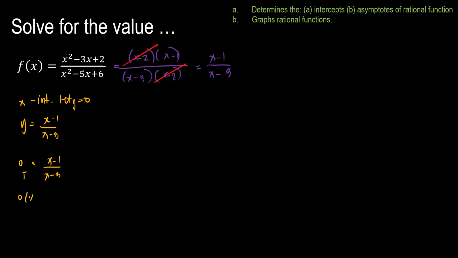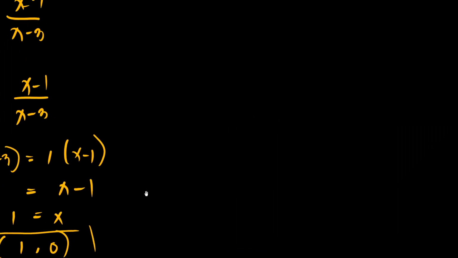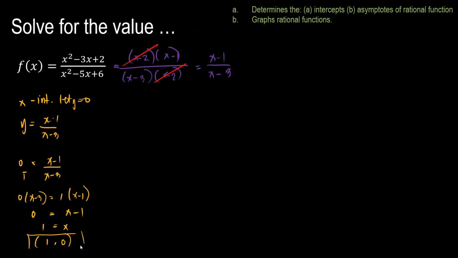We have 0 times x minus 3 is equal to 1 times x minus 1. This one is equal to 0. We have x minus 1. Just transpose the 1. So our x-intercept is 1, given that y is equal to 0.